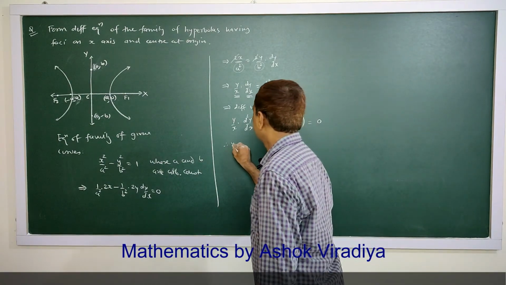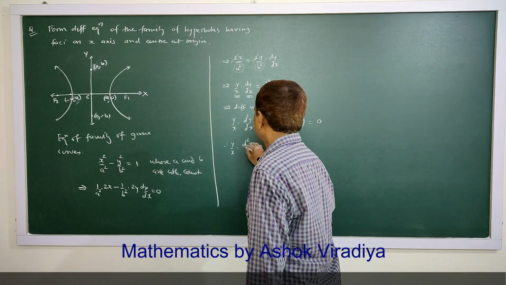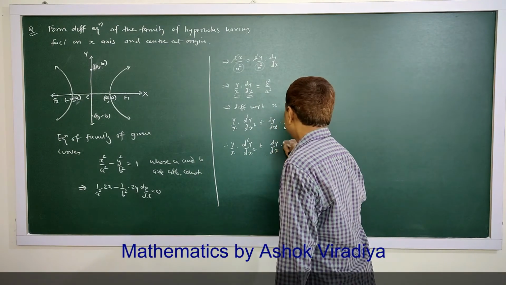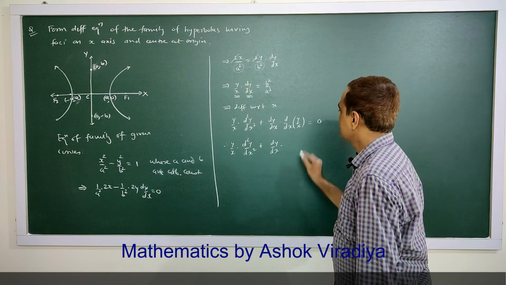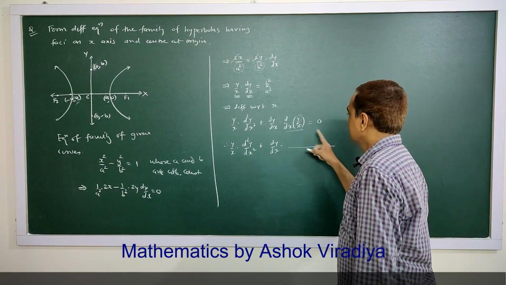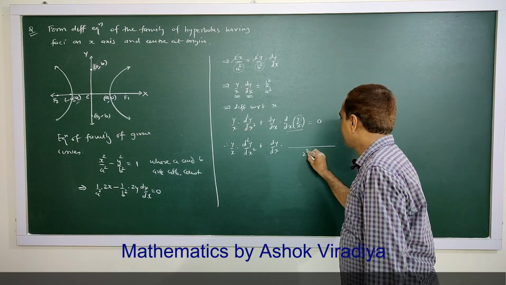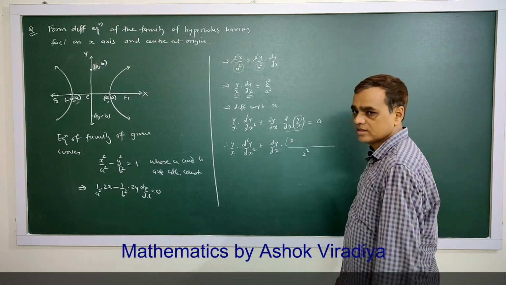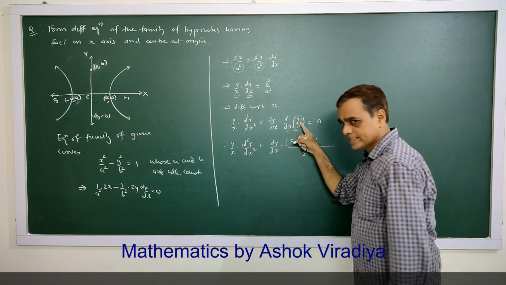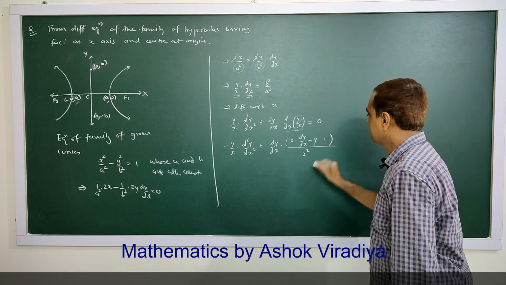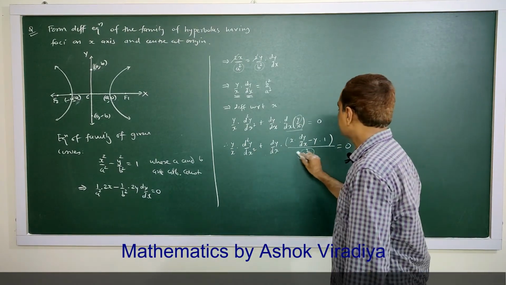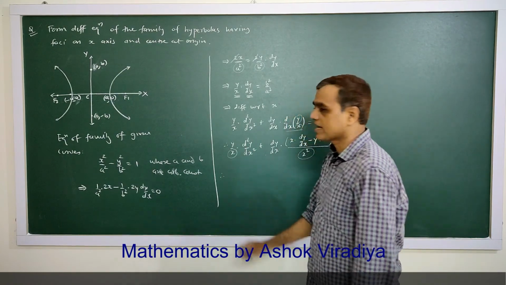So therefore y by x d square y by dx square plus dy by dx into, now here the derivative using the u by v rule: keep v square, v as it is, derivative of u is dy by dx, minus u as it is, derivative of x is 1, equal to 0. Now to remove this x square, we multiply the equation by x square.